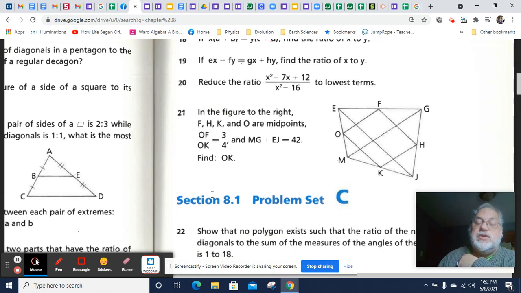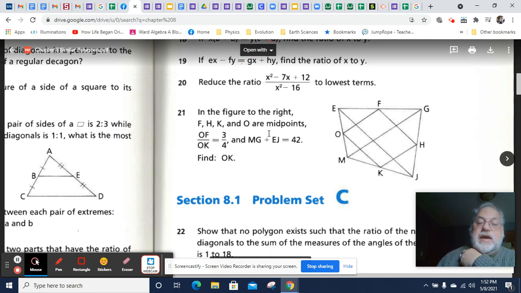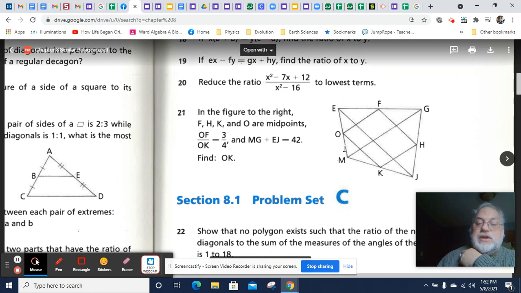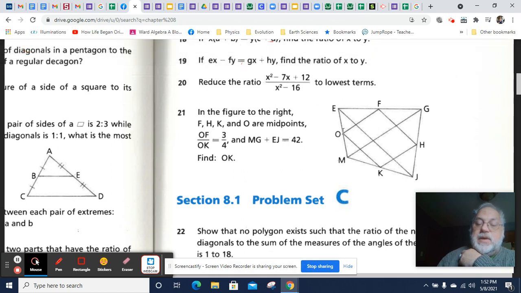Okay, and 21. You're going to have to go back to a theorem called the midline theorem. If you take a triangle, and you draw a line connecting midpoints of the two legs of that triangle, you actually split the triangle into proportional triangles.